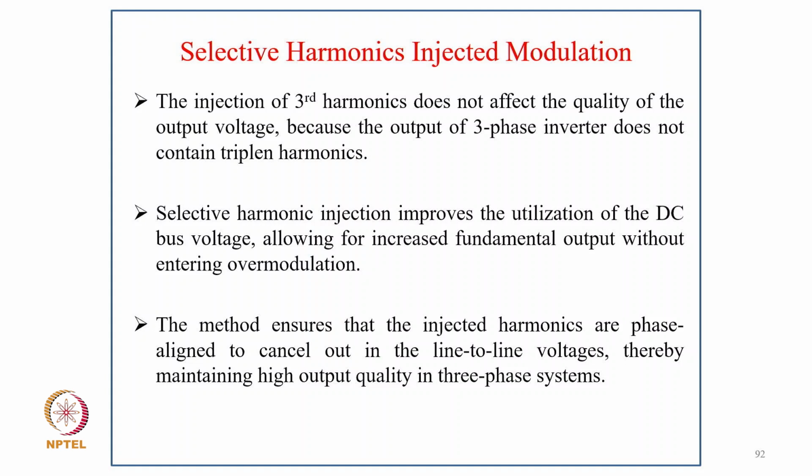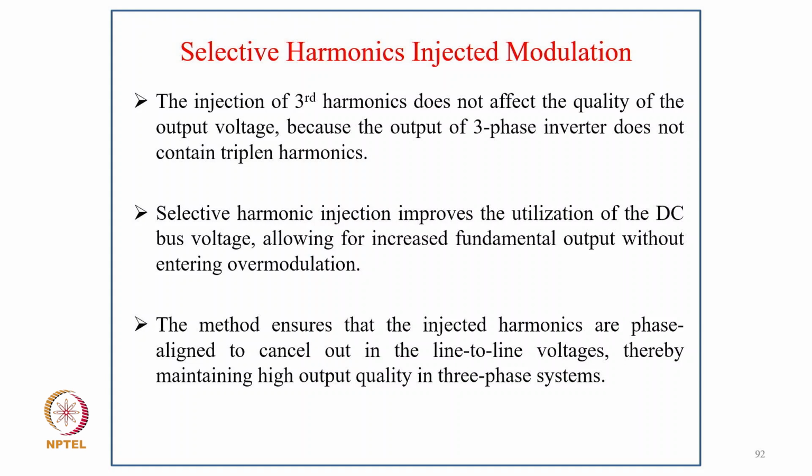So the injection of third harmonic does not affect the quality of the output voltage because the output of a three-phase inverter does not contain triple harmonics, and selective harmonic injection can improve the utilization of DC bus voltage, allowing for increased fundamental output without entering overmodulation.